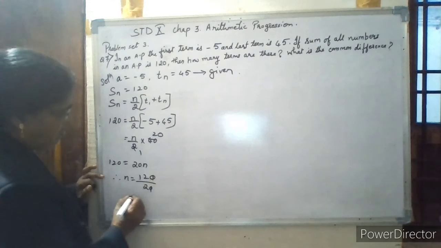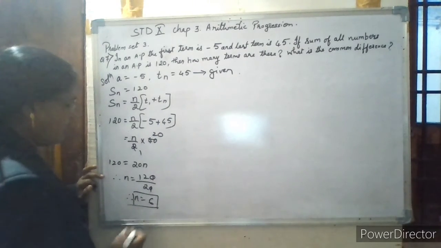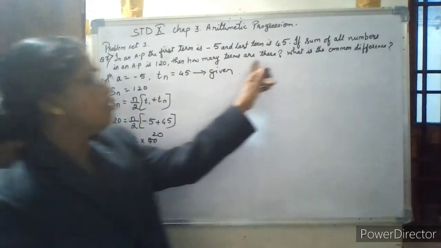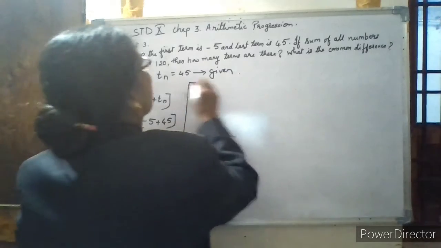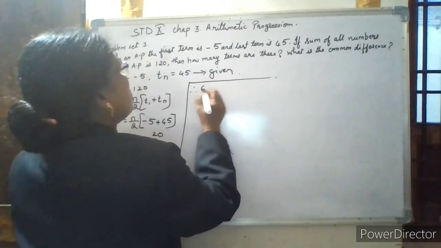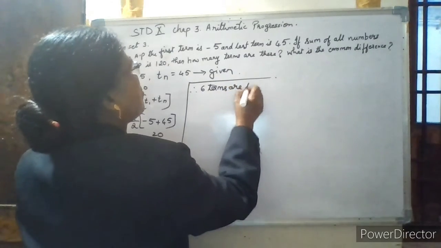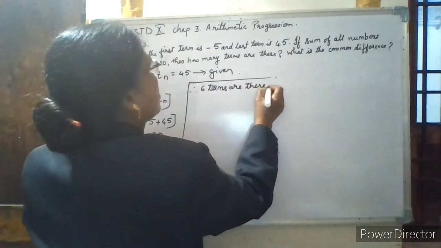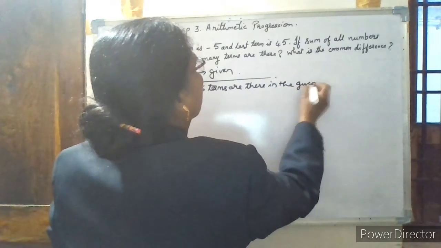Zero zero cancels, so n is equal to 6. We got how many terms there are. Therefore 6 terms are there in the given AP.